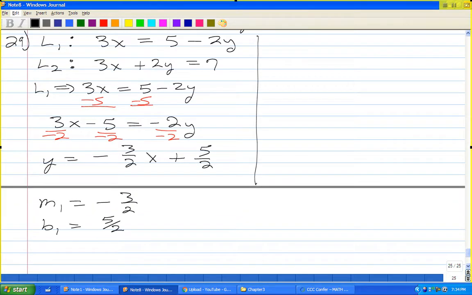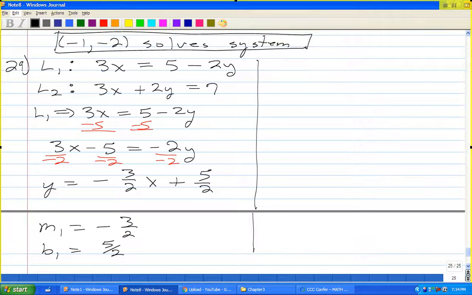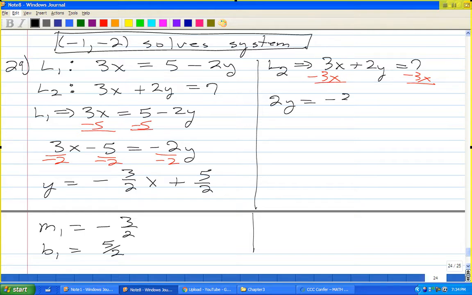Let's look at the second line: 3x plus 2y equals 7. Subtract 3x from both sides, so 2y equals negative 3x plus 7. Divide both sides by 2, and so y equals negative 3/2 x plus 7/2.